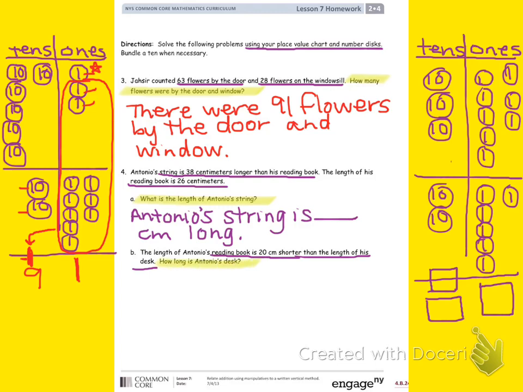How long is Antonio's desk? Now you use the strategies I showed you already on the earlier problems on this page in order to solve the problem. And then don't forget to answer the question in words. Antonio's desk is blank centimeters long.